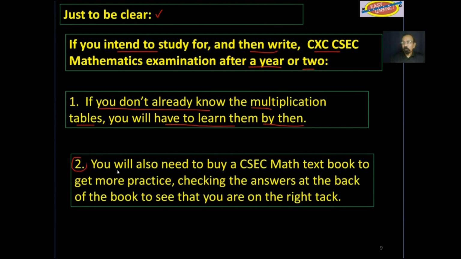And two, you will also need to buy a CSEC math textbook, 1 or 2, to get more practice, and you will also be able to check your answers at the back of the book to see that you are on the right track. So you have to do those 2 things.